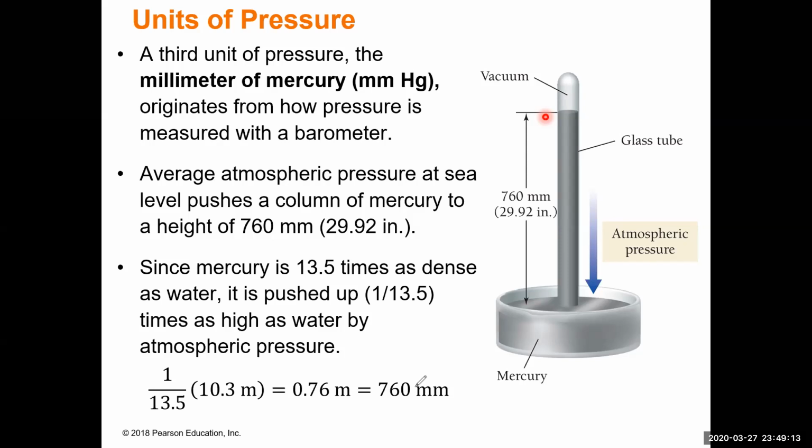So if we're talking about mercury being at 760 millimeters of height, we write that as 760 millimeters of mercury for the pressure. This is equal to, if we were to change the millimeters of mercury into inches of mercury, 29.92 inches of mercury.